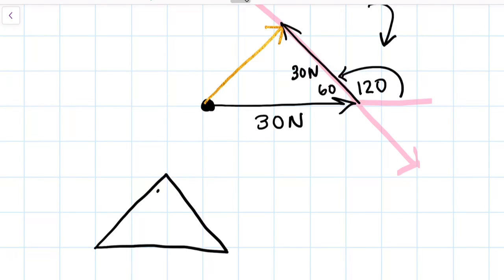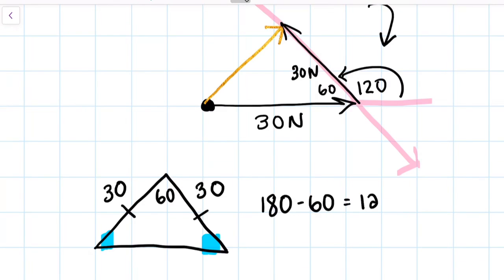If I say this is 60, and this is 30, and this is 30, well, by the laws of isosceles triangles even, we know then that these two base angles right here have to be equal. And 180 minus 60 is 120 divided by 2, which equals 60.